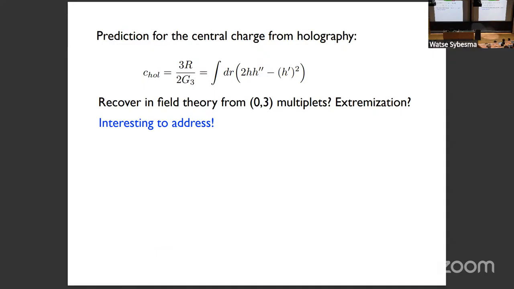Coming from holography, we can use the Brown-Henneaux formula, compute the holographic central charge from the volume of the internal space, and we find this neat result that should we be able to compute the central charge from the field theory using 0-3 multiplets, we should be able to reproduce it in the holographic limit. So this is something that would be interesting to address.